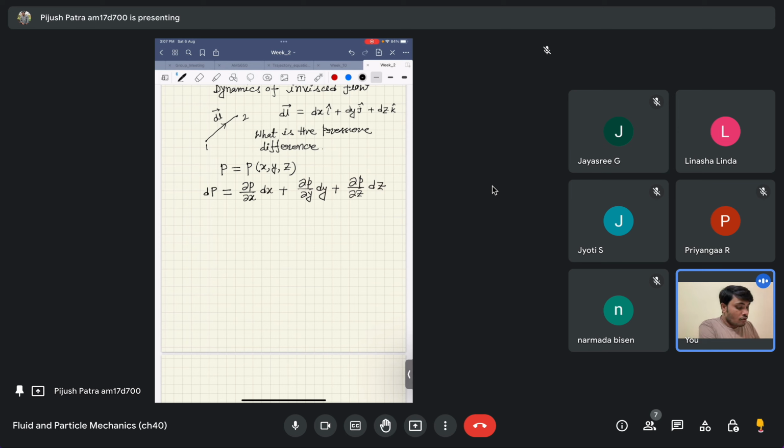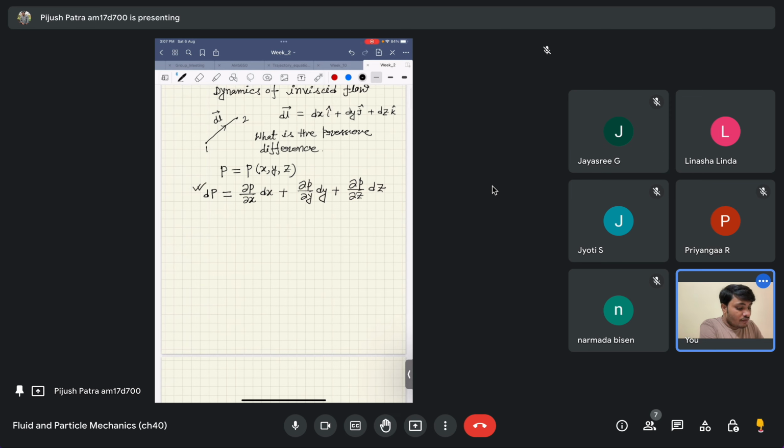Okay, so I am interested to find what is this quantity dP between any two points in the flow field. Like these two points are connected by a line, a small vector element dl. Okay, this dl is a vector which is dx i, dy j and dz k.